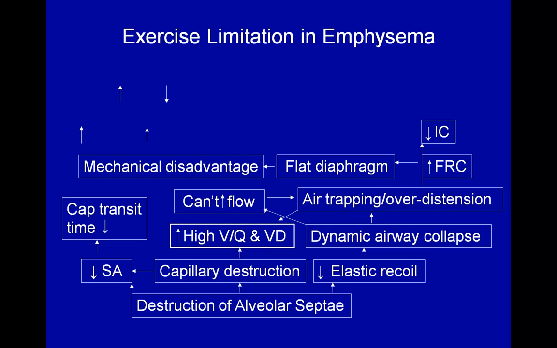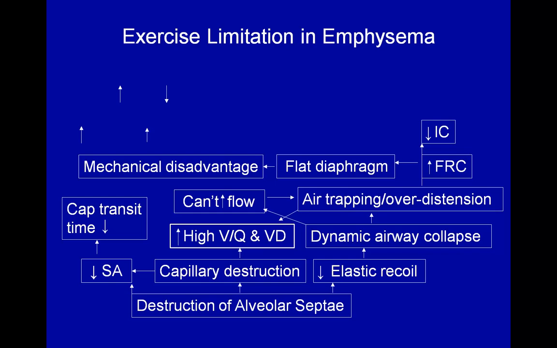We said that they're going to have problems with loss of surface area. They're going to have reductions in capillary transit time relative to a normal person. They're trying to pump more cardiac output through their lung, but they don't have the ability to expand their capillary bed because it's been destroyed.